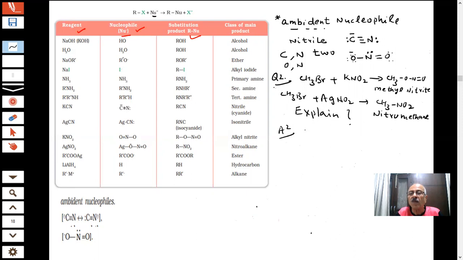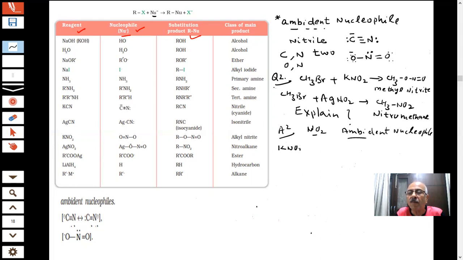What is the answer you have given? You are saying that NO2 is an ambident nucleophile.